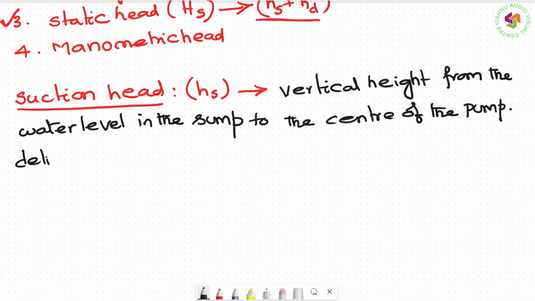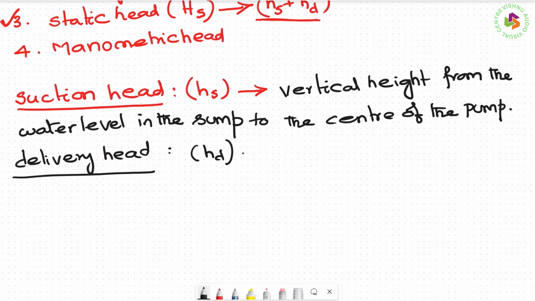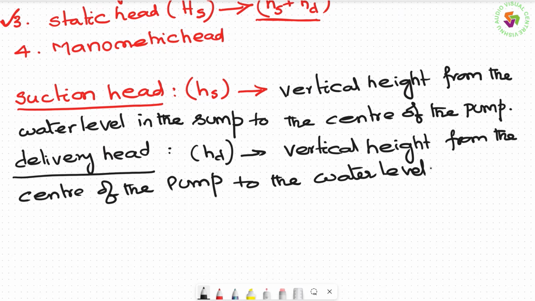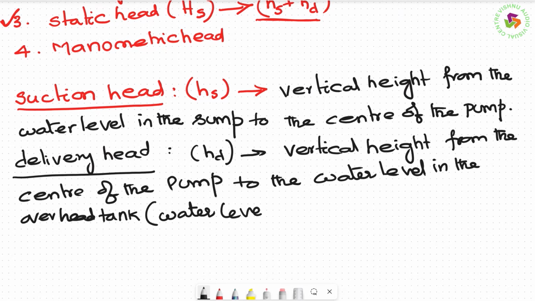And then what is delivery head? Again, this delivery head is also the vertical height from the center of the pump to the water level in the overhead tank, or water level at the delivery point.